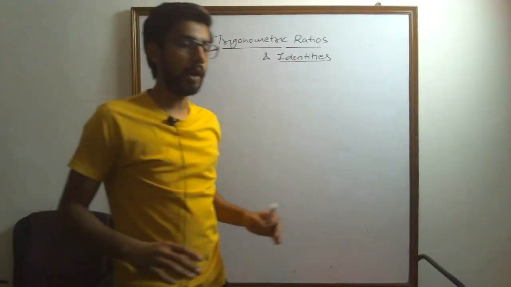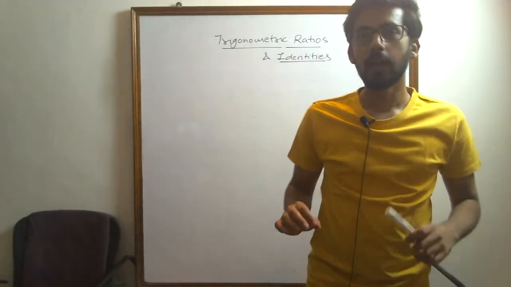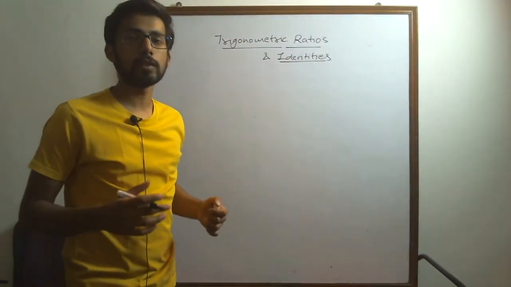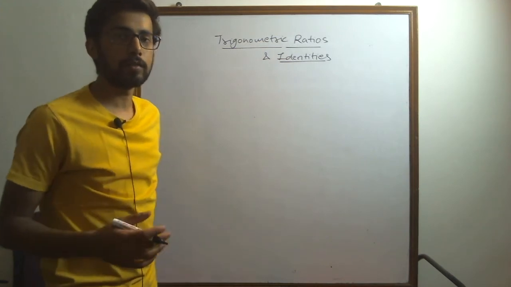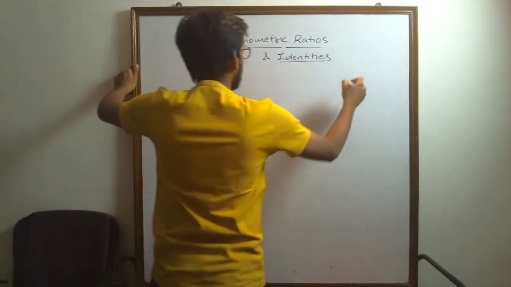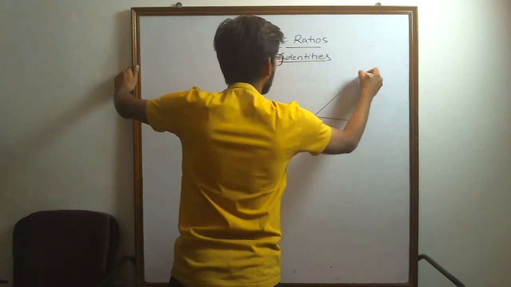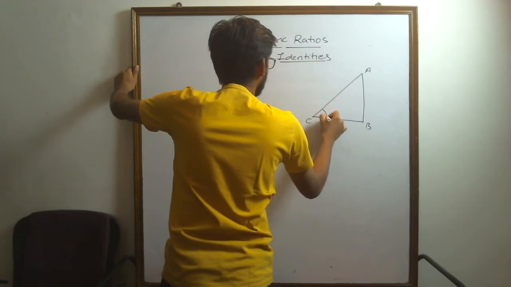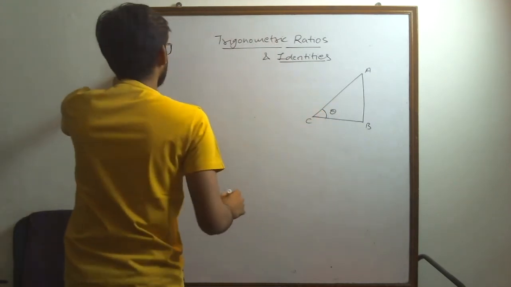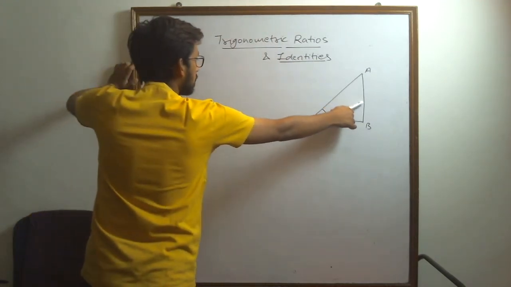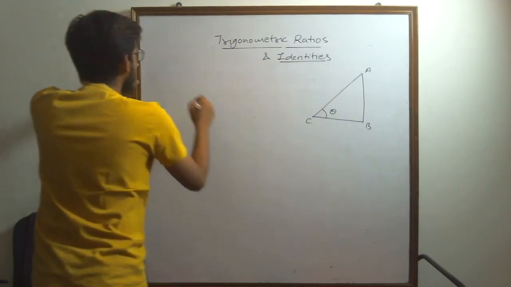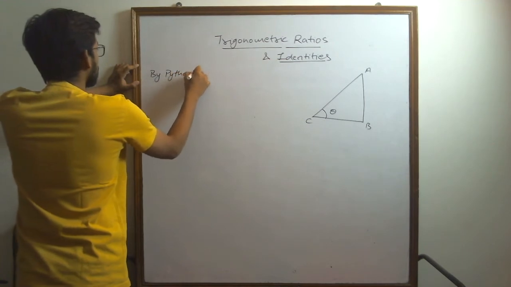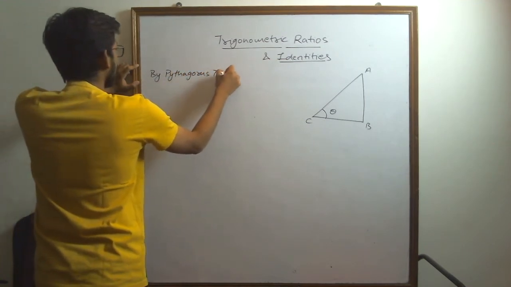Alright, so the basic identities of trigonometric ratios can be found using just manipulations of the Pythagoras theorem. In a right angle triangle ABC, if this is angle theta, then AB square plus BC square is equal to AC square by Pythagoras theorem.